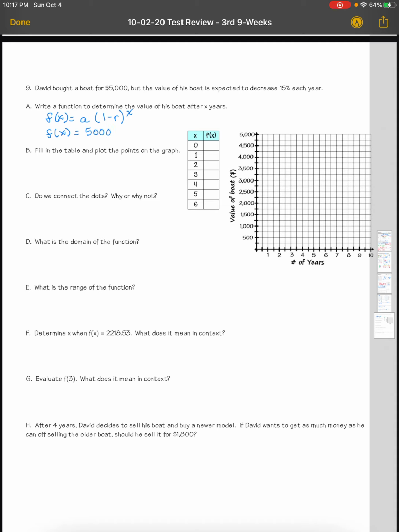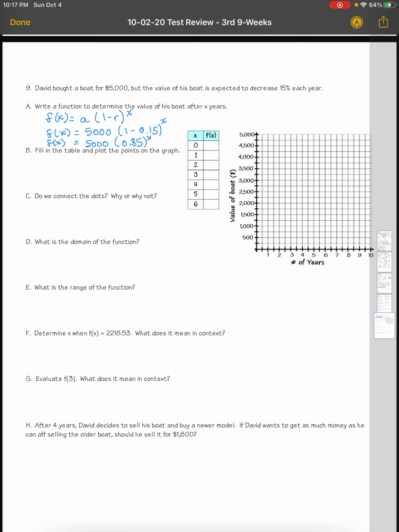So that's his initial value. But it's depreciating at 15%. So that's 1 minus 15%, which is 0.15, sorry. Okay, and then if I simplify, it would be f of x is equal to 5,000 times 1 minus 0.15, which is 0.85, raised to the x power.